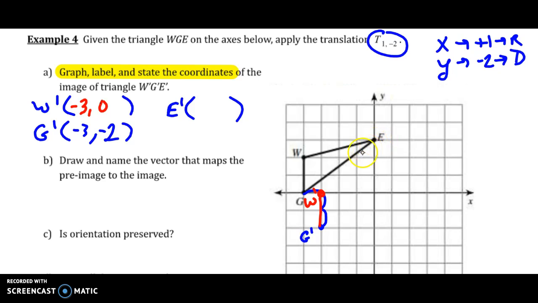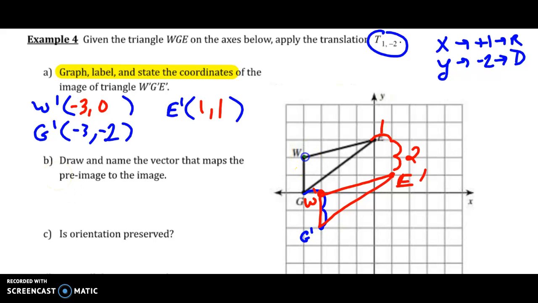And again, I can either use the distance being maintained between W and E for W prime and E prime, or I can apply the translation, 1 unit to the right, 2 units down. So we have E prime right here. And I connect those to form my triangle, W prime, G prime, E prime, and the coordinate for E prime is 1, comma, 1.